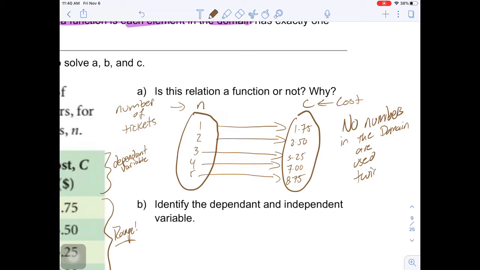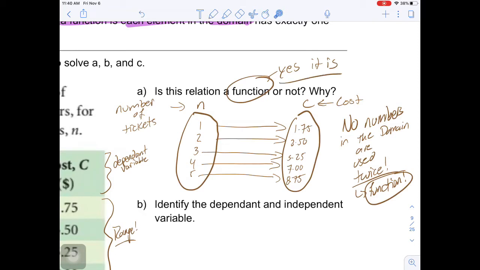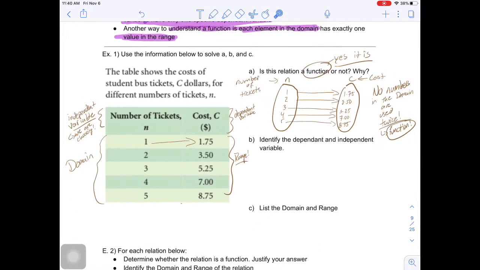What does that mean? That means it's a function. So this thing is a function because of the fact that in your domain, they are only used once. As soon as a number in your domain is used twice, you're no longer a function.